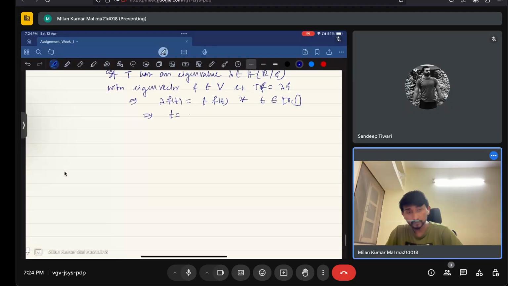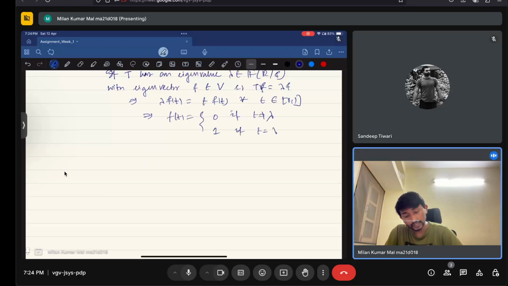That implies that f(t) equals 0 if t is not equal to lambda, right? And if t equals lambda, then f(t) has to be 1.